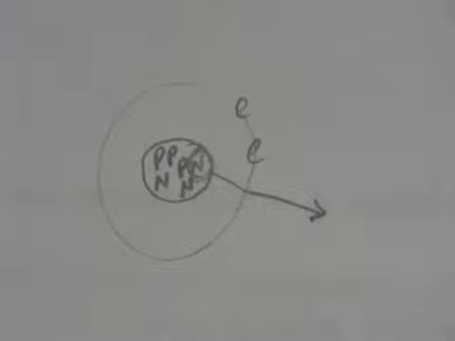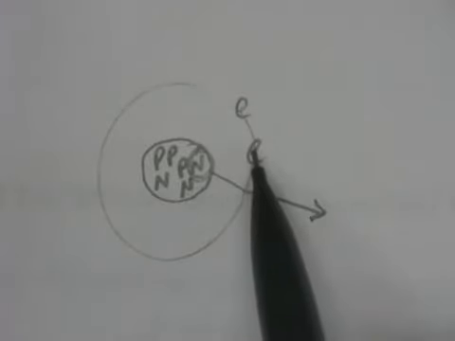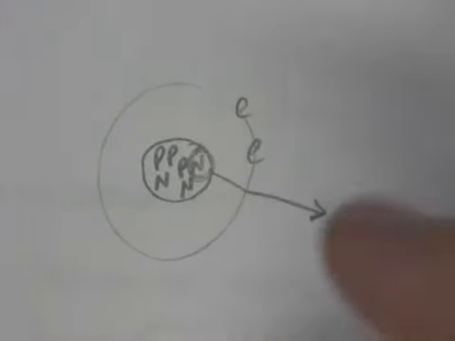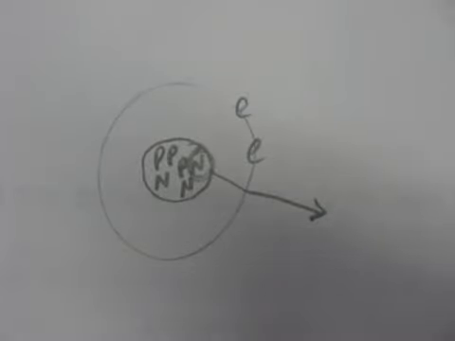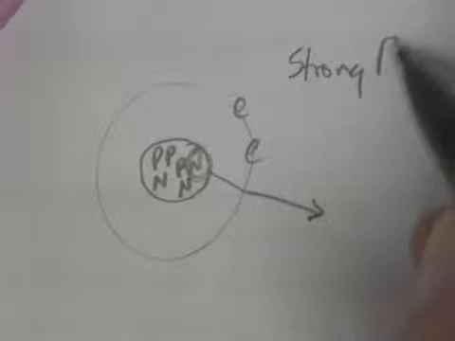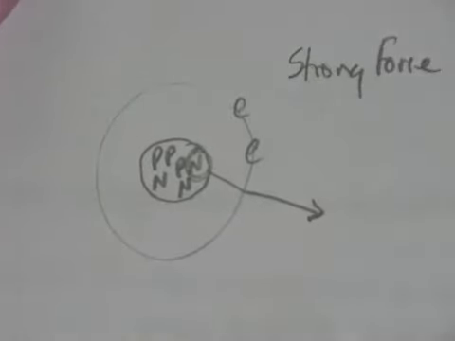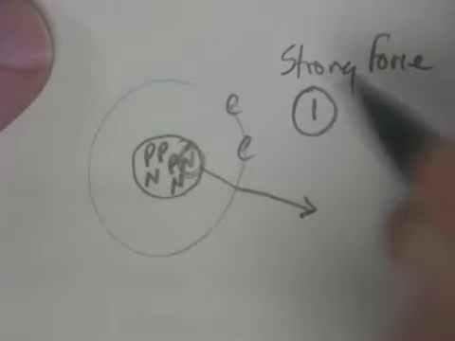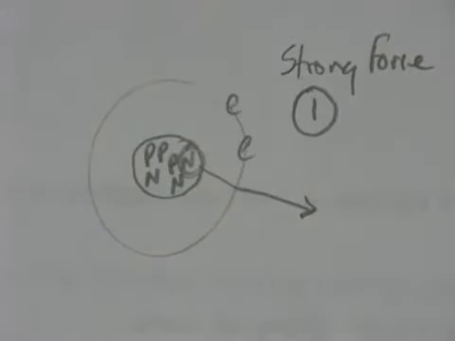If I do that, that means I'm not trying to overcome the electrons or the electromagnetic force. I'm trying to overcome the force that binds protons and neutrons together. And that force is called the strong force. And the strong force ranks number 1 among all forces in nature.